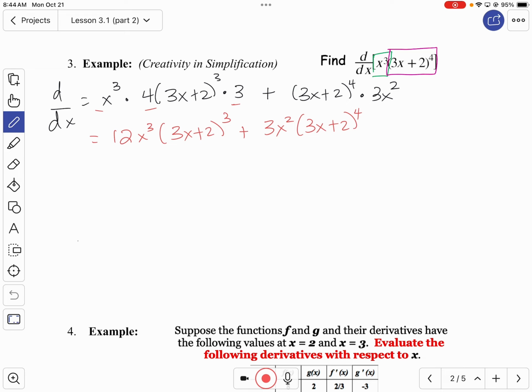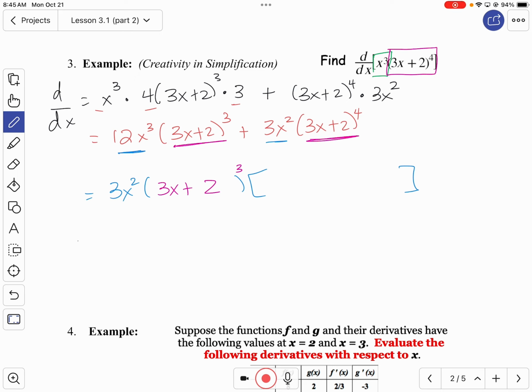And if you'll notice, they both also have a 3x plus 2 to some power, so we can take out a 3x plus 2 term as well. Which one would we take out? 3x plus 2 to the third. So those are common as well.